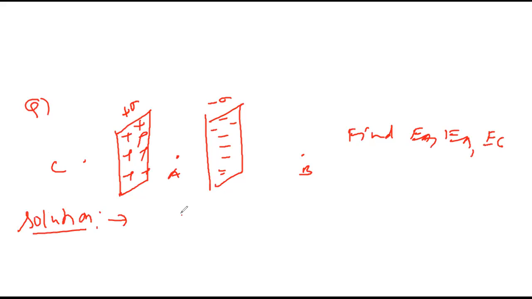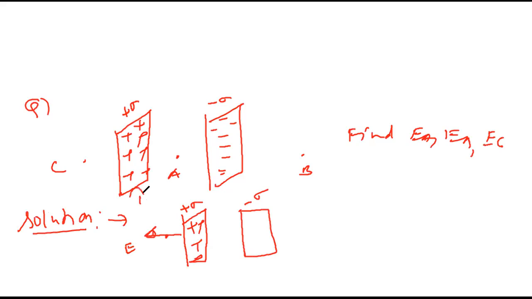Now, if you look carefully, one sheet is positive, the other sheet is negative. So magnitude wise the answer will remain the same, but the direction will be reversed. So for the positive sheet, at a point outside, this will be the direction: E due to the first one is outward, and on this side also outward.